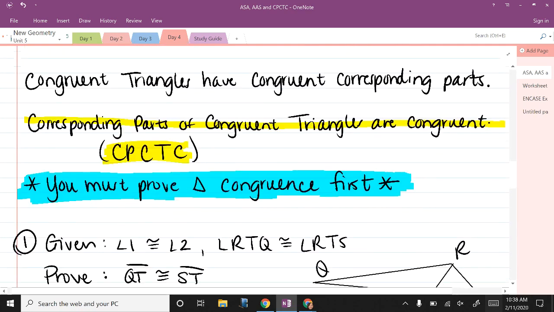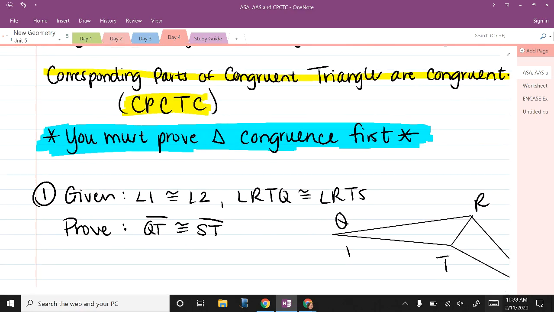And that will make sense after we do it. But write that down. You must prove the triangles are congruent first. You have to say the triangles are congruent first before you can use CPCTC as a reason. So you can understand that better, that's fine, but you don't have to rewrite that. Are we good there? All right.